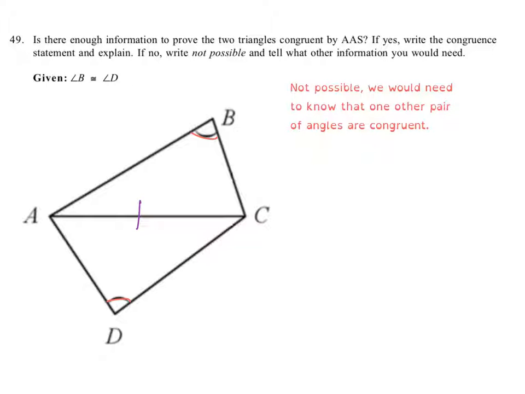Now in the answer key, it says that we would need to know either that BCA, let me write it here, BCA is congruent to CAD, or, what does it say, that BAC is congruent to DCA.